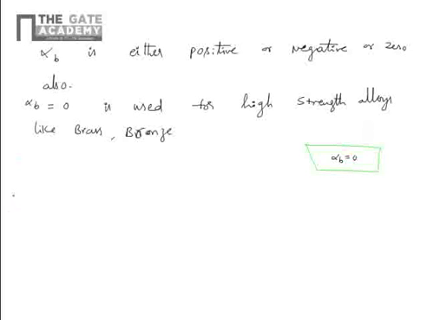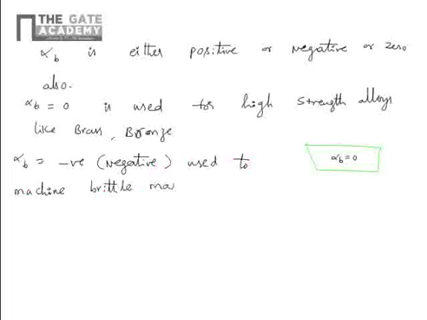Alpha B negative is used to machine brittle materials. Why brittle materials? Because they are hard and brittle. If you use positive, it results in high force and failure may take place.